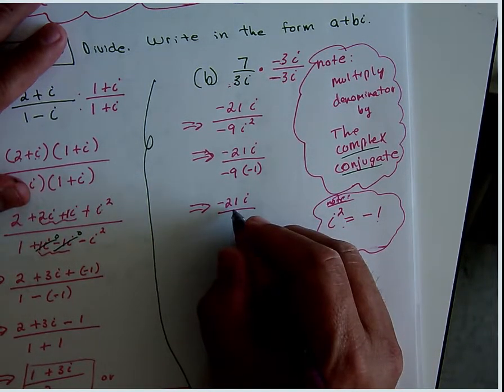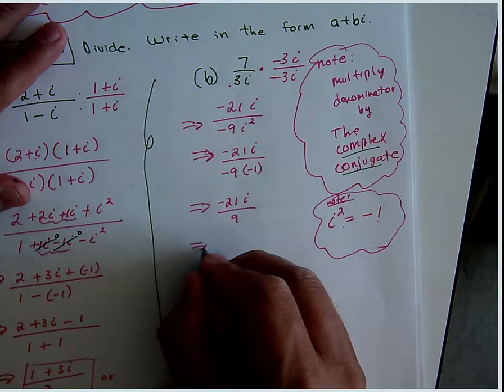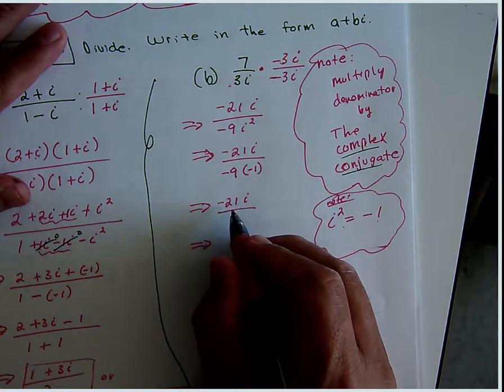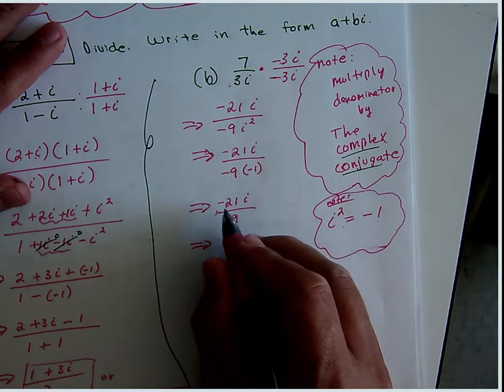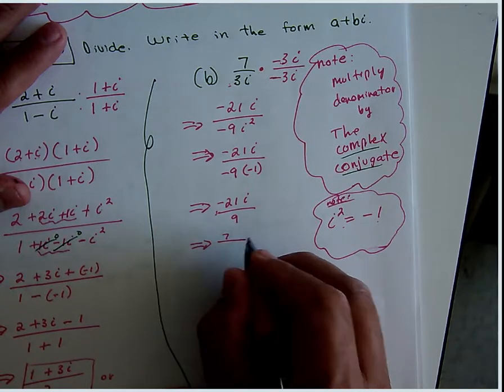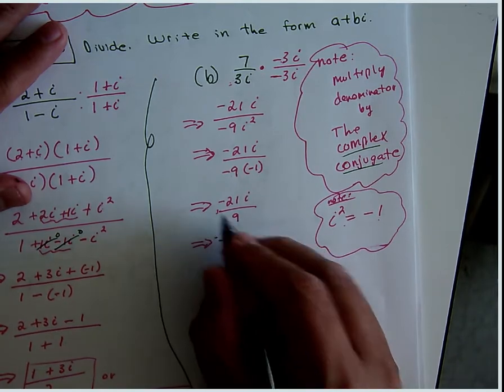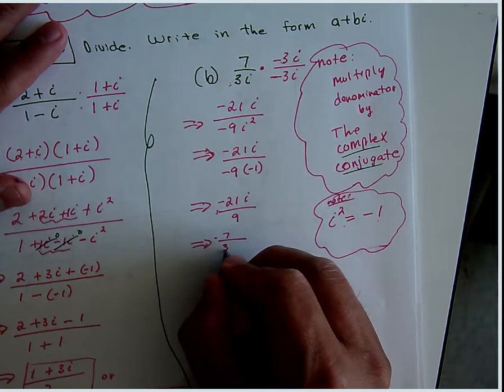And you can actually simplify this thing by 3. So negative 21 divided by 3 would be 7, still negative. And 9 divided by 3 would be 3. And then you still have the i.